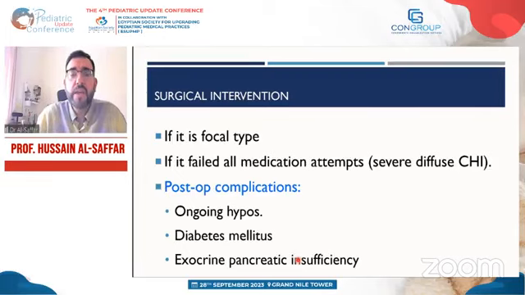The other indication for surgical intervention is that you have failed all medication attempts and have a very severe diffuse child who is not responsive to whatever medication you tried.